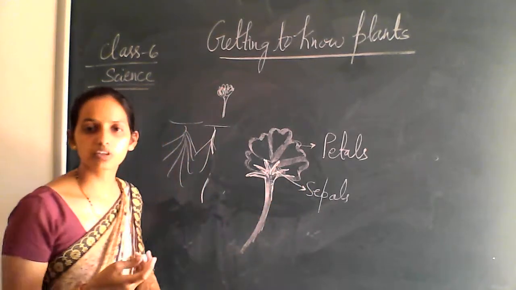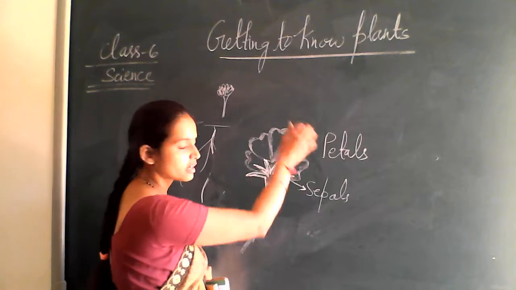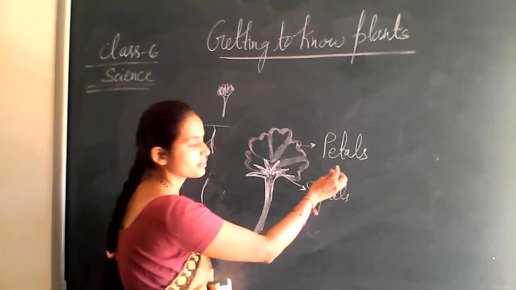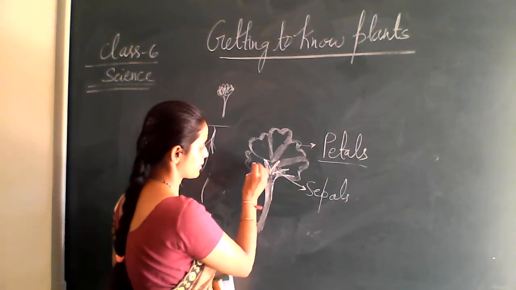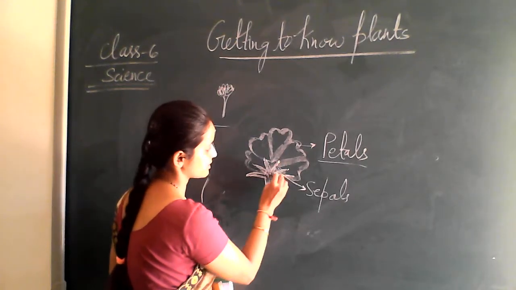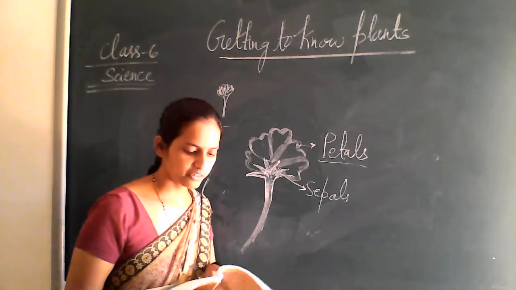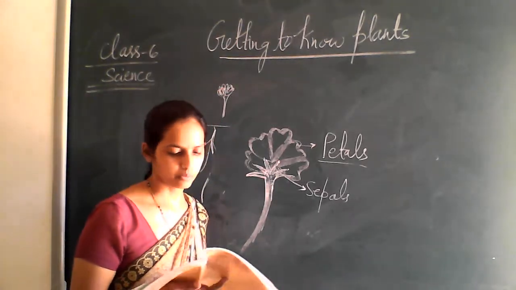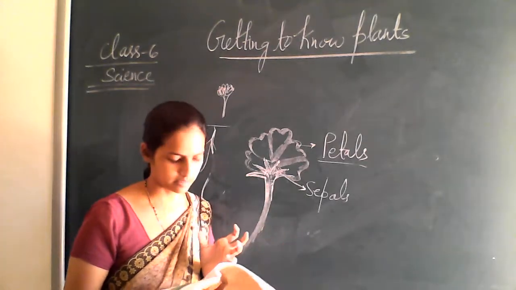And can you count the number of petals? 1, 2, 3, 4, 5. So the colorful structures of the flower are your petals, and these are sepals, okay, and they are greenish in color. So you can see figure 7.20, right? You can differentiate between the petal and sepal, right?